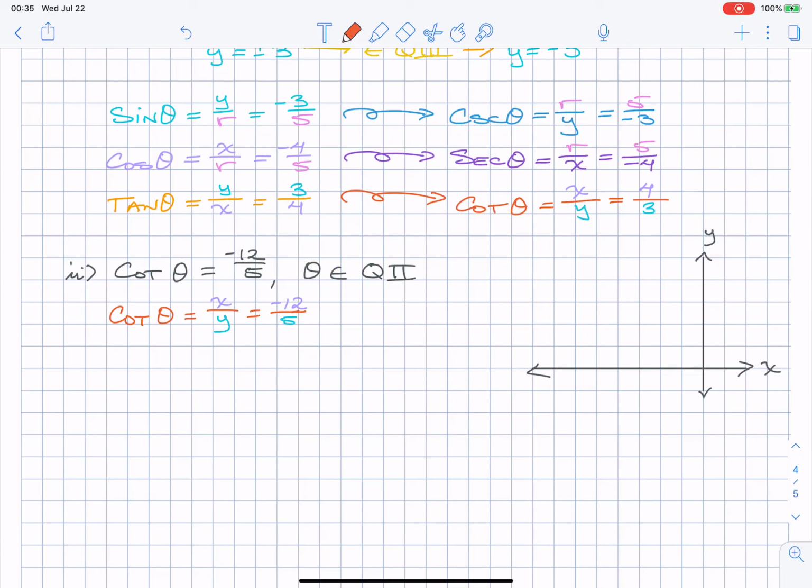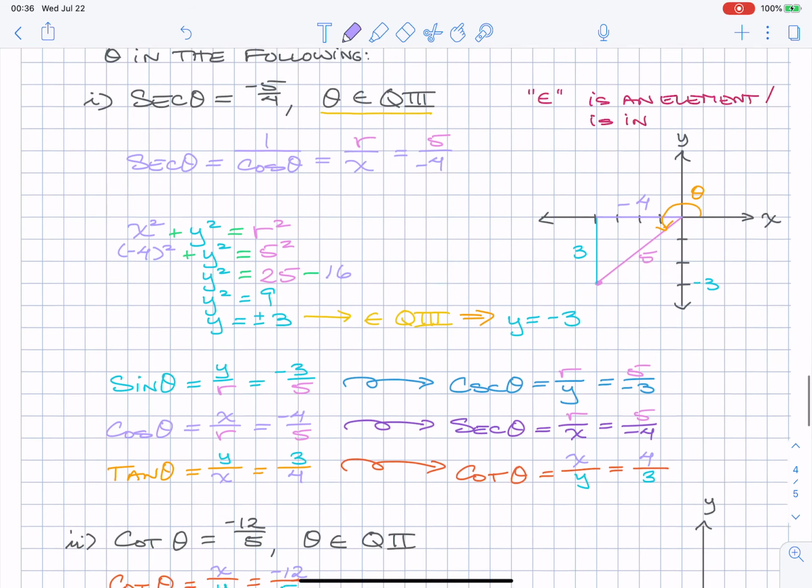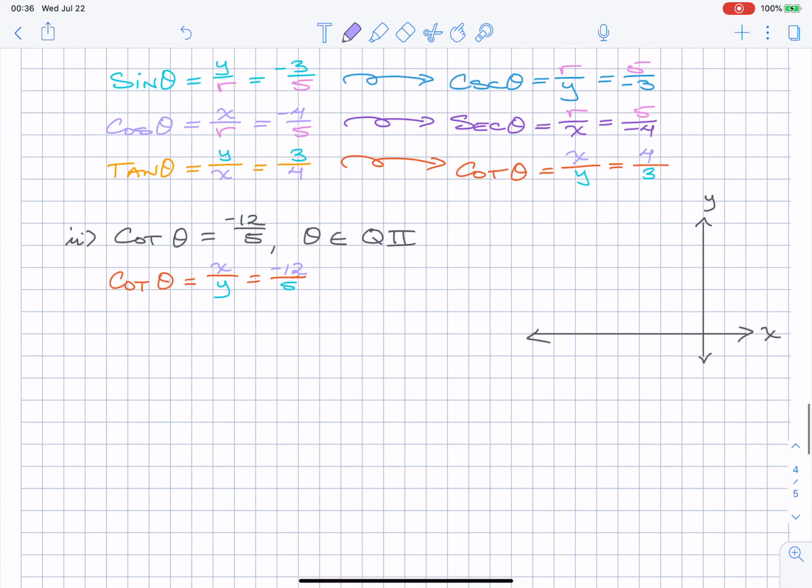So we're okay there. What we're trying to find is the radius. So we know that x squared plus y squared is radius squared.